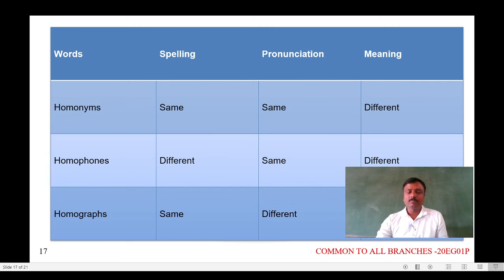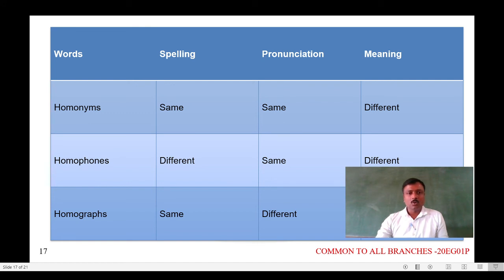By is a preposition. And we have N-O-T, not, and K-N-O-T, knot. Like this we can get many homophones through the net.